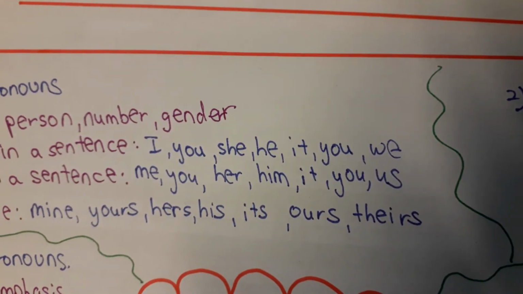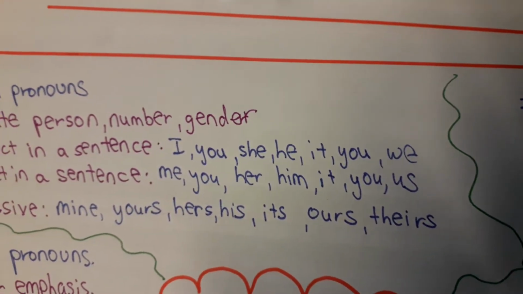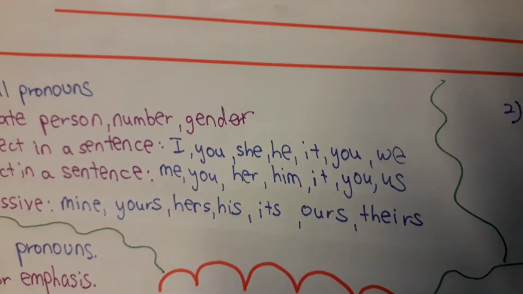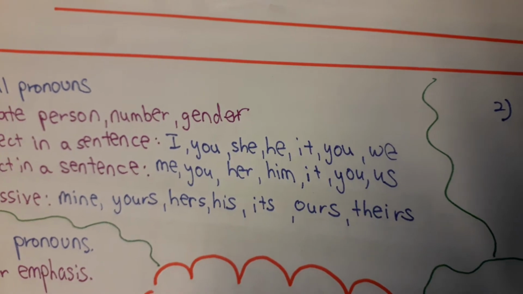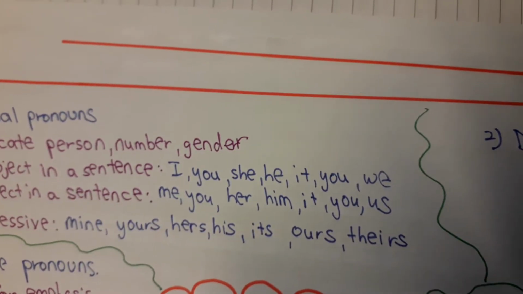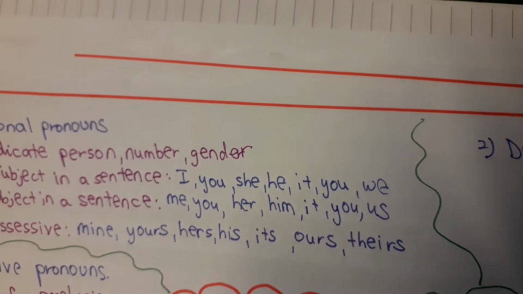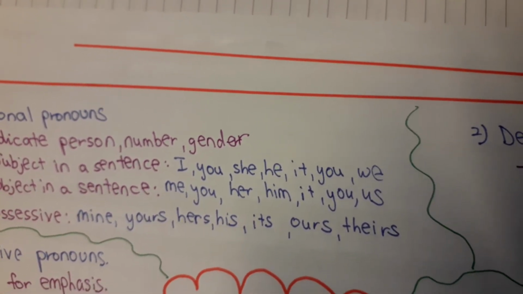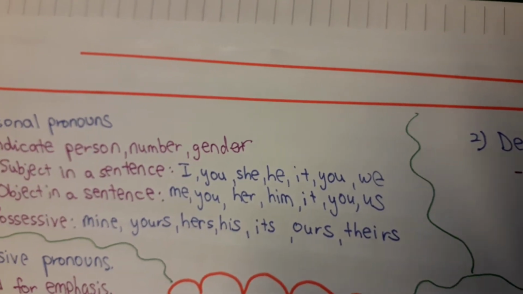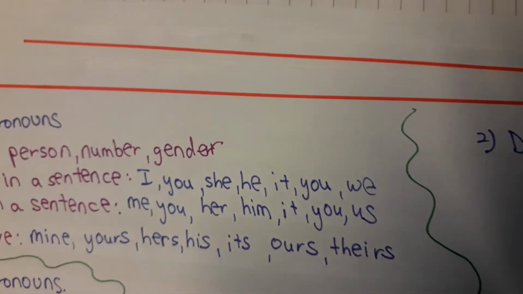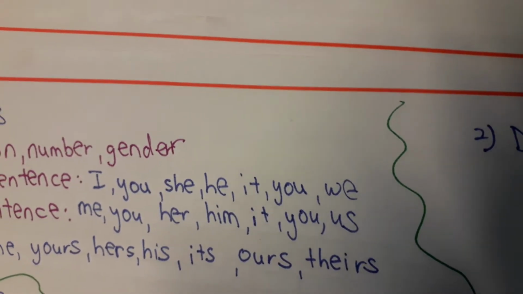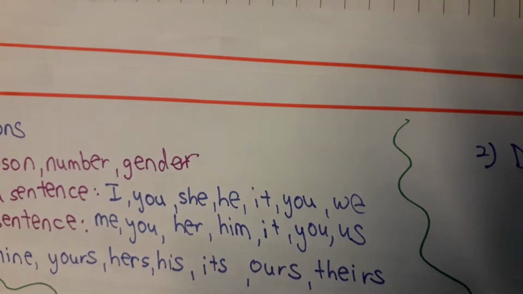Examples of personal pronouns which are subjects in a sentence. When I say subject in a sentence, it means the focus of the sentence. So examples of subject personal pronouns are I, you, she, he, it, you, and we.